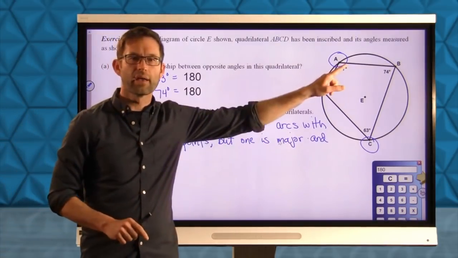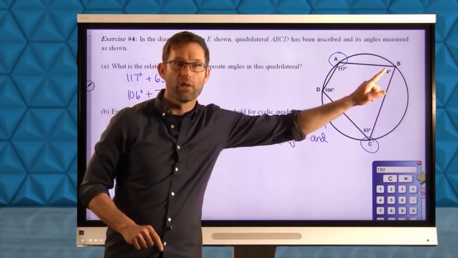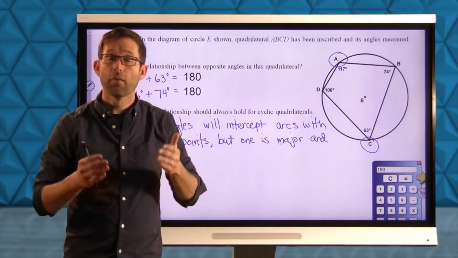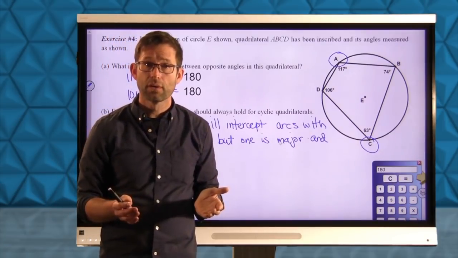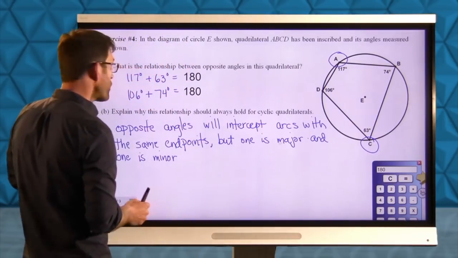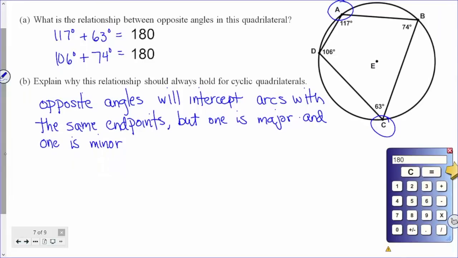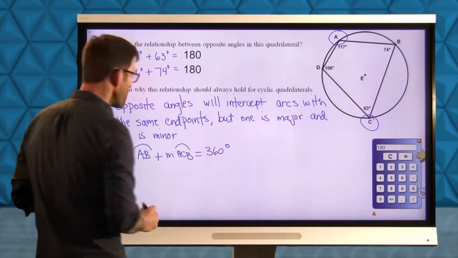That means that this angle, and likewise this angle and this angle, intercept two arcs whose sum must be 360 degrees, right? So we could even kind of prove it in this case. Forget about the 117 and the 63. We could literally say, the measure of arc AB plus the measure of arc CB must be 360 degrees, right? It's got to be.